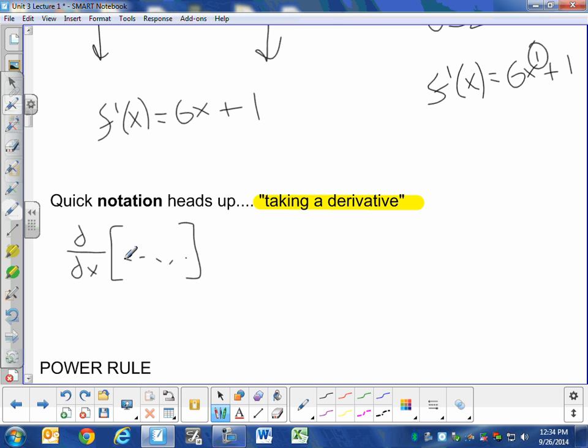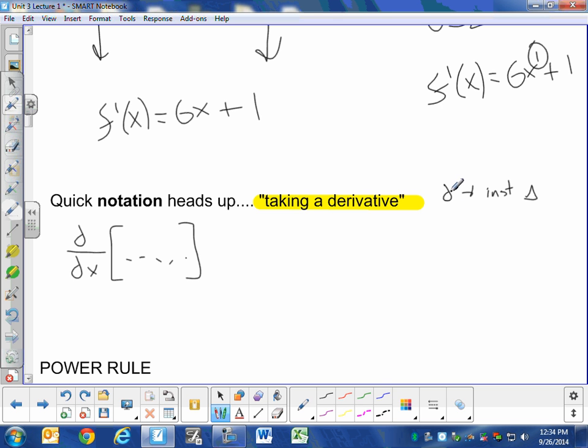Now, it's kind of a D, but it's kind of not a D. What this means is the notation is kind of similar to the delta, only it's the instantaneous change. Delta is just change. This d is instantaneous change.